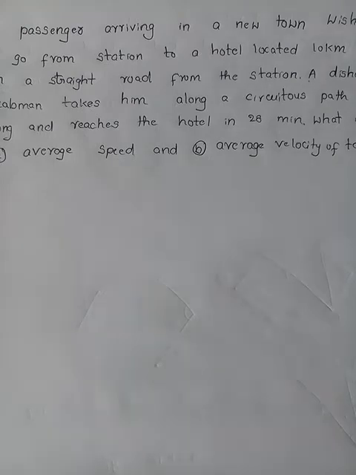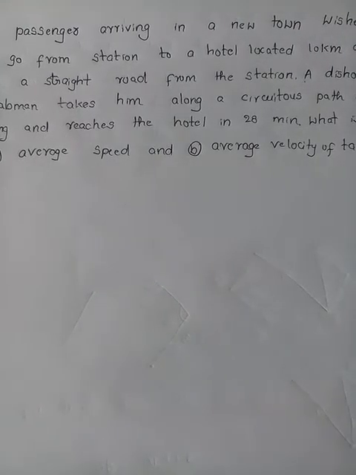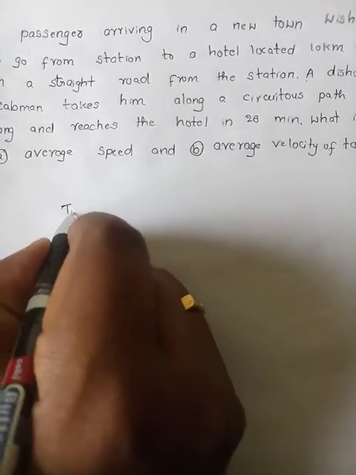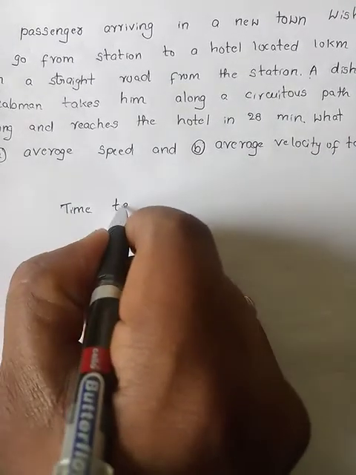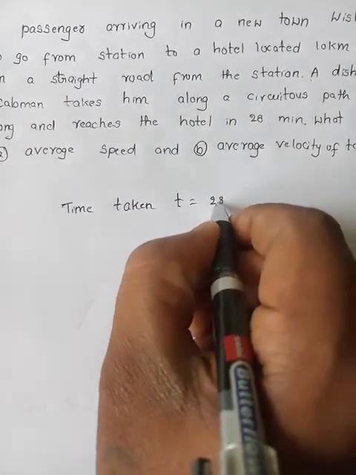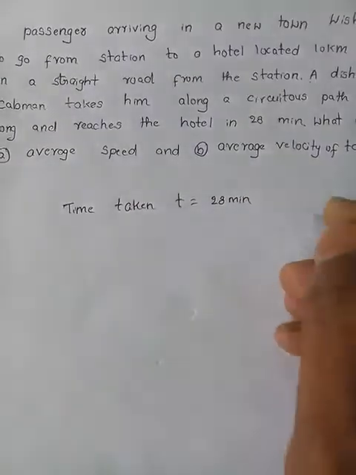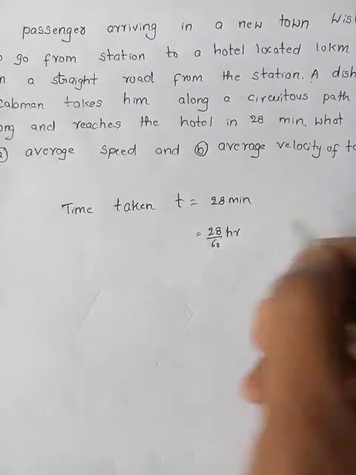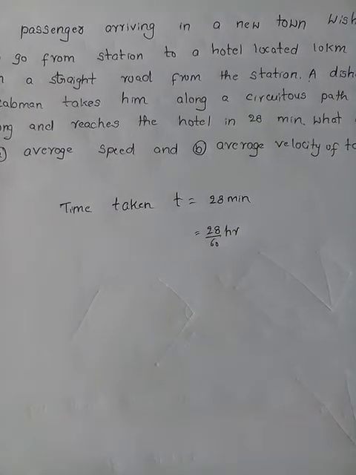Now what is the question? Average speed and average velocity. See here, time taken, T is equal to 28 minutes. You should convert into hours. 28 by 60 hours. Okay.